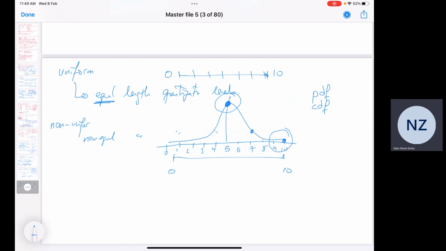Where is the application? The application is the MPEG standard or the JPEG standard. You know them? No? Good. Whenever you download an image from the internet, what is the format for that image?